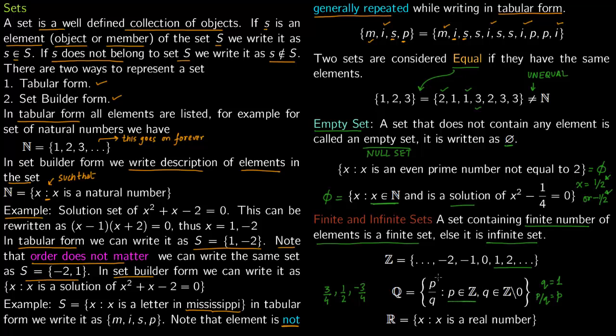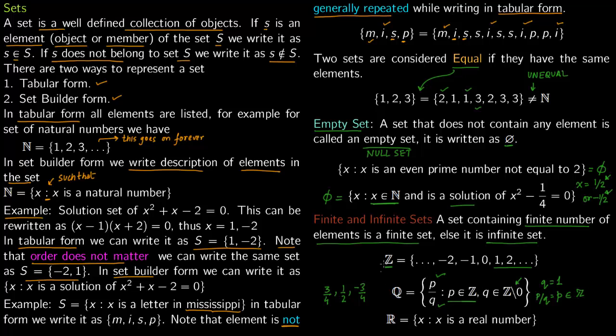So rational numbers are p by q where p is an integer and q is an integer. The only condition we put is that q is not 0. This backslash means it is the integers Z minus 0, so 0 is not here.